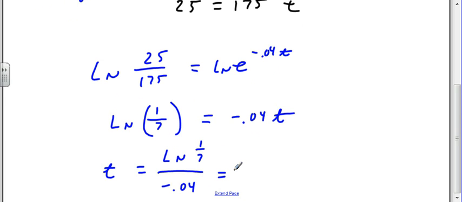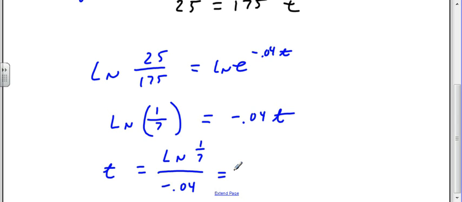So natural log of 1 divided by 7 divided by 0.04, and I end up with a number way too big. Way too big. It's 0.4. Oh, it's only 0.4? Yeah.